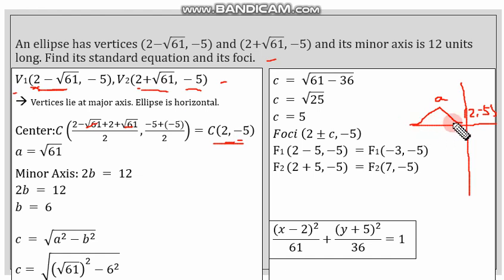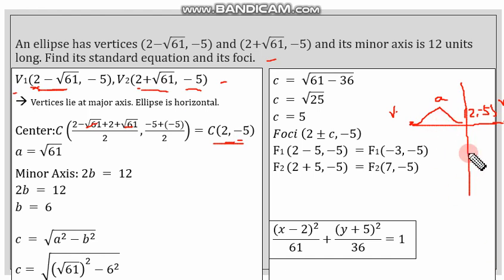So this is from 2 minus 7.8, here is vertex 1, and 2 plus 7.8, here is vertex 2.